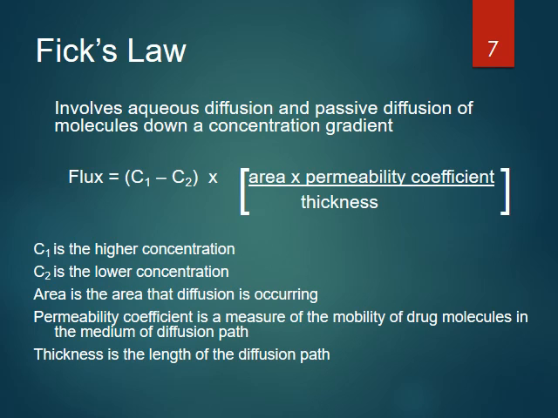Another important component is the permeability coefficient. This is the ability to see how mobile the drug molecules can be when they're crossing this membrane. And then thickness is important as well, because we'll see an inverse relationship here: the thicker the membrane we're dealing with, the more difficult it'll be for those molecules to cross, and thus you'll have lower amounts of flux.